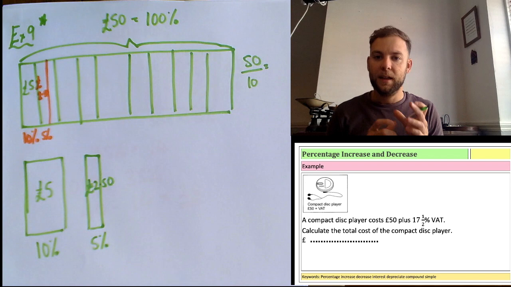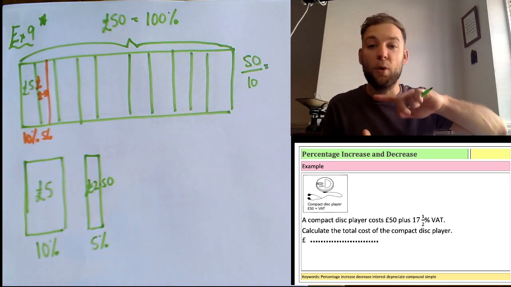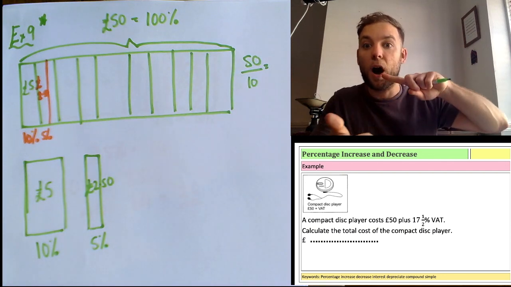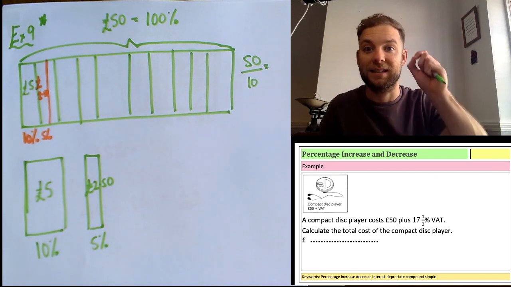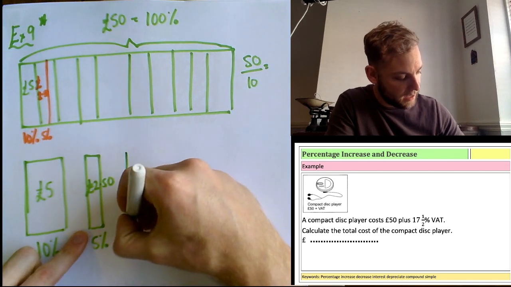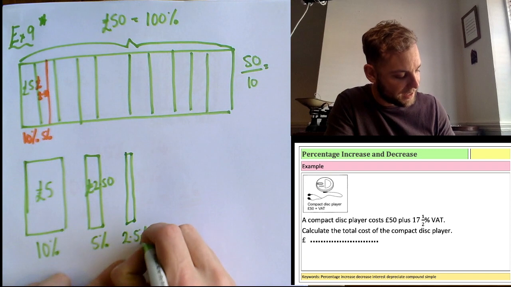Now, this is why it always comes up: we don't find 1%, we don't do anything like that. The way we do it is we find 10%, we halve that to find 5%, and then we halve 5% to find 2.5%. So we're halving the 5%, which is 2.5%.